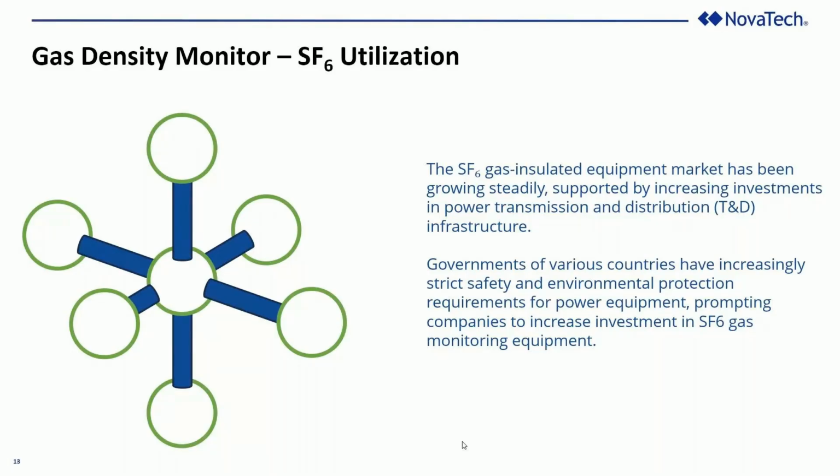There's a lot of investment in it, but it does have nasty side effects for the environment, so monitoring it is crucial, not only because it's a very expensive gas and costs a lot to replace, and replacing it means taking an equipment outage, but also for regulatory requirements. Some ISOs maintain that you have to maintain them every X months, I believe.